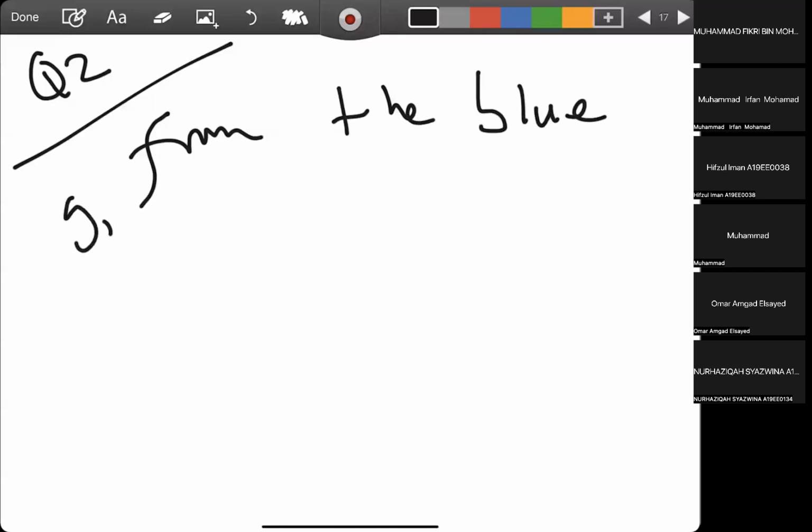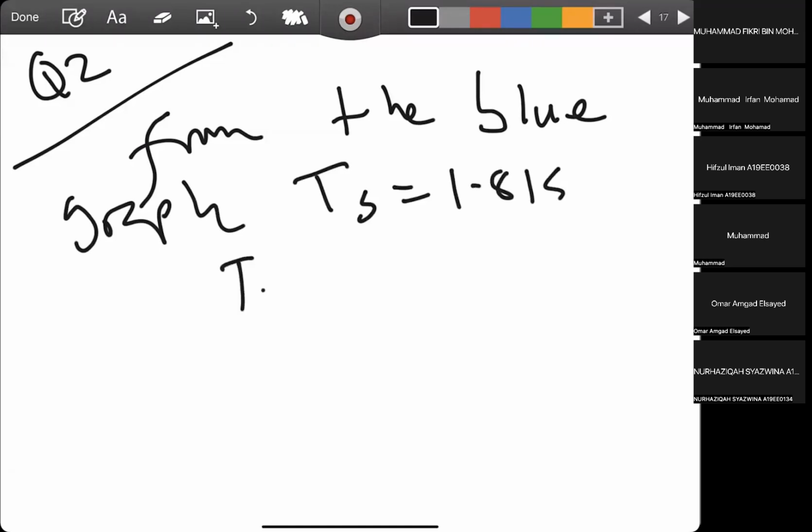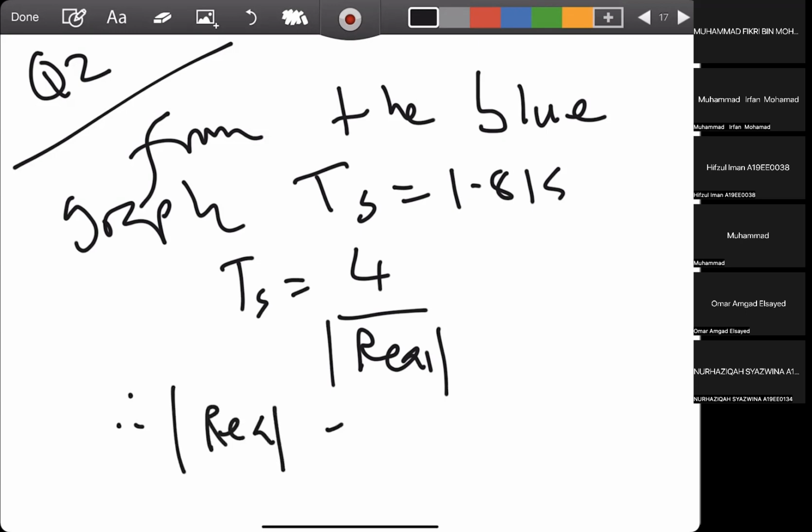From the blue graph, settling time is 1.81 seconds. But settling time is 4 divided by the real part, which is equal to 4 divided by 1.81, 2.21.